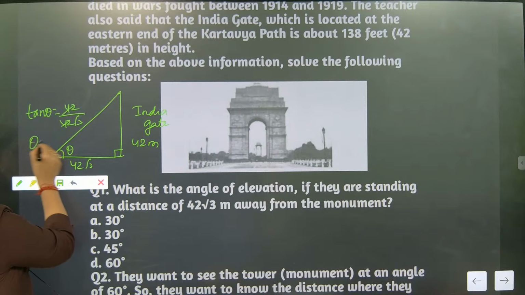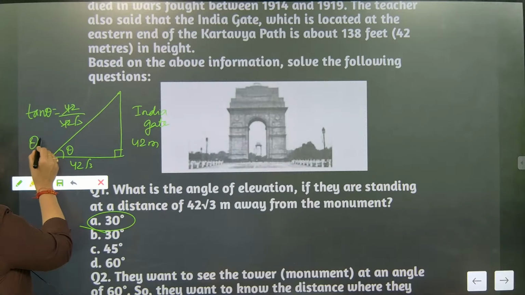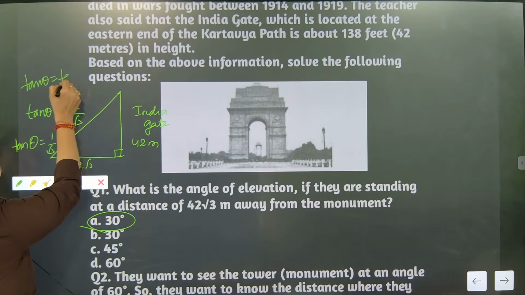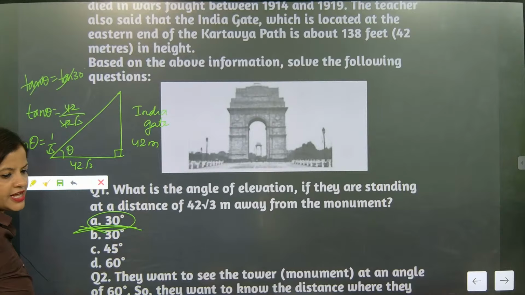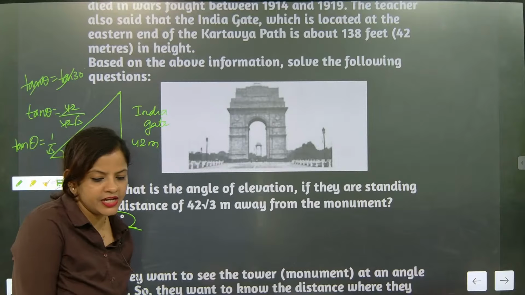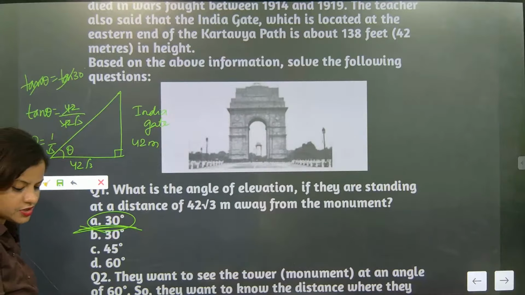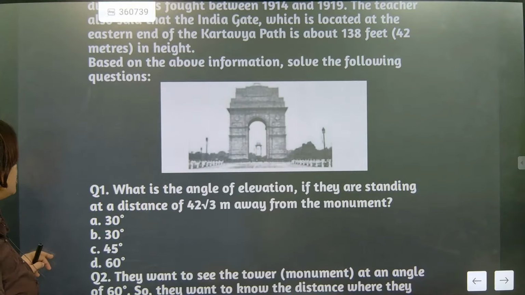So theta is coming as how much degree? 30 degree, because tan theta is equal to 1 by root 3. So tan theta is equal to tan 30 degree, so theta is 30 degree. Absolutely, everybody solve. This is one of the most important questions. Now shall we go for the next question?